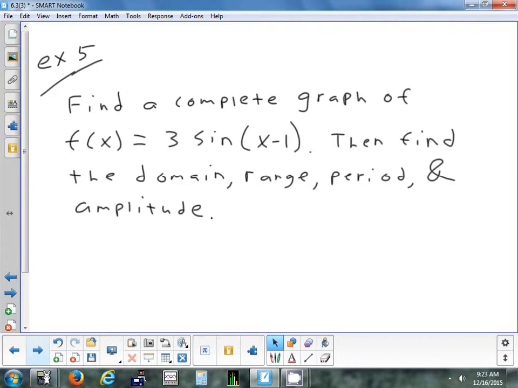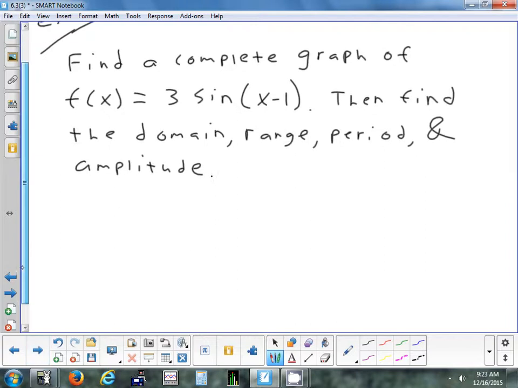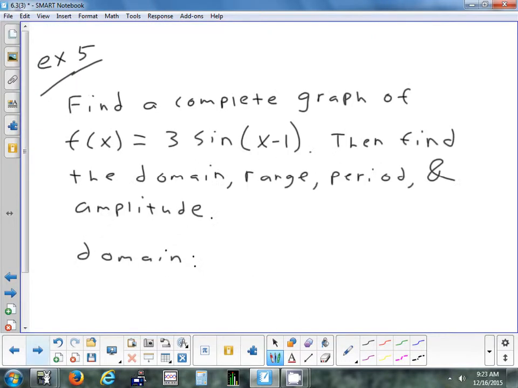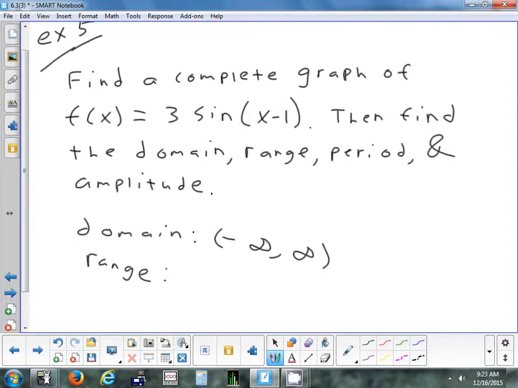All right, so this one asks us to find a complete graph and then again do the same thing. Domain, range, period, and amplitude. Okay, what's my domain here? For sine and cosine, it's always -infinity to infinity. Okay, what about my range? -3 to +3.